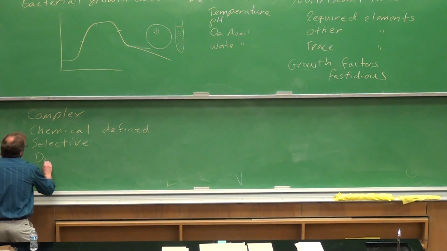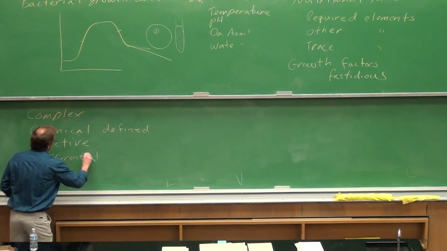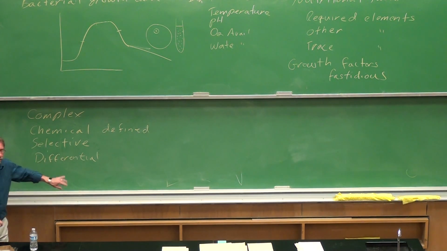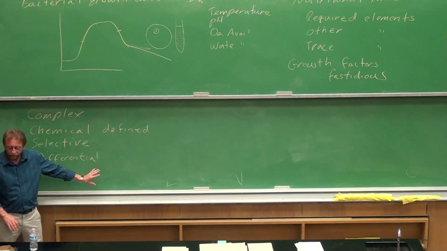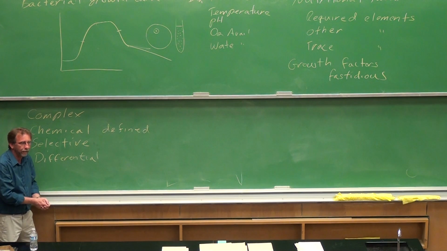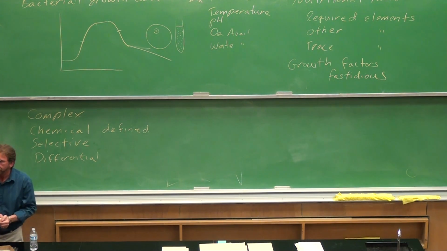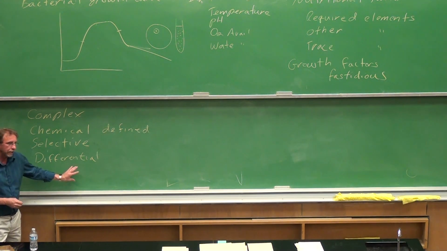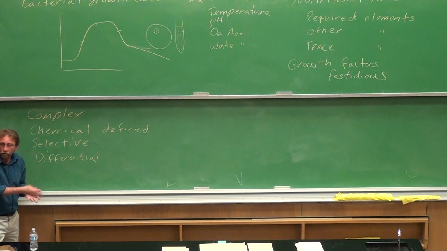And then finally, we could also use a differential medium. This one isn't one that necessarily inhibits the growth of other microbes, but particular microbes will show a certain growth pattern. A lot of times they'll show a color development on the media, and so we can differentiate those particular microbes from others that might be on the plate or might grow on that plate.